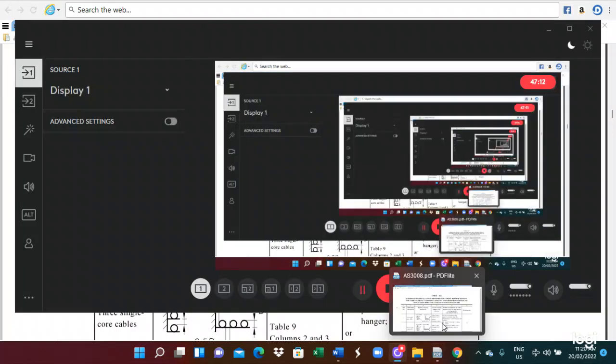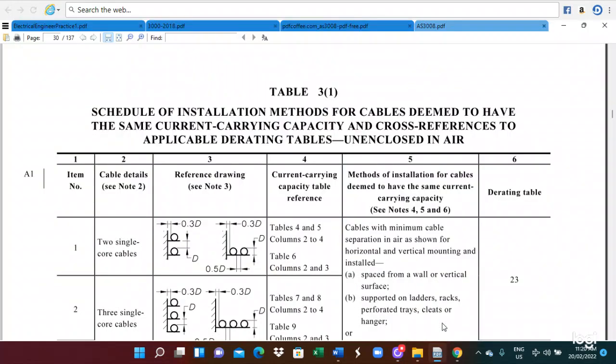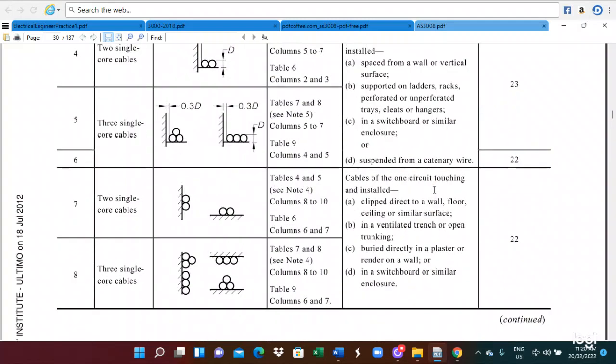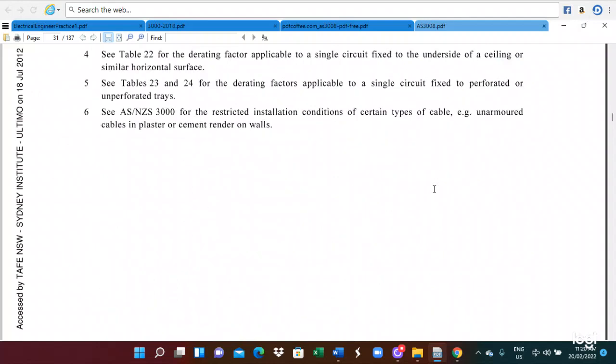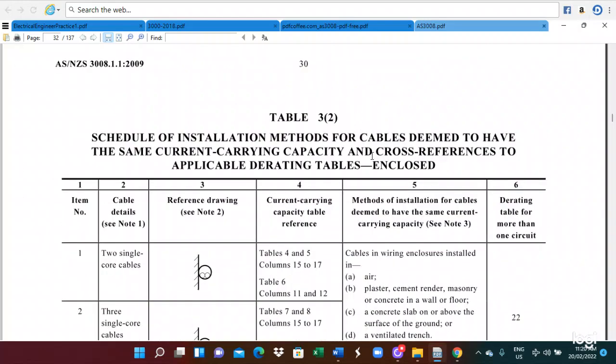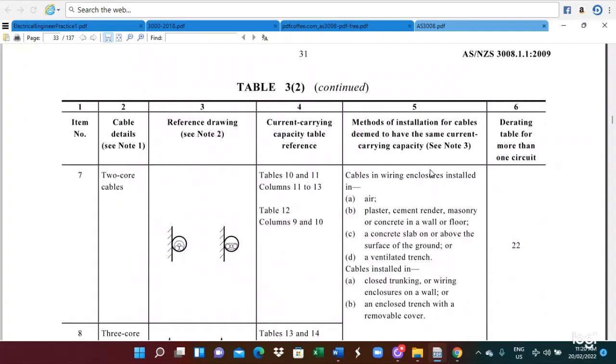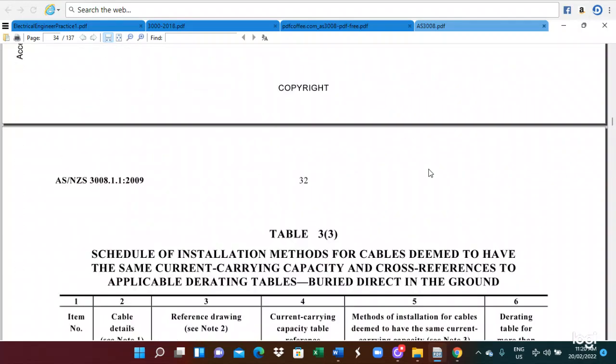Then you have the current carrying capacity. At the end you see unenclosed in air, where we use Table 3.1. Enclosed in air, Table 3.2. Table 3.3 is for unenclosed underground wiring.